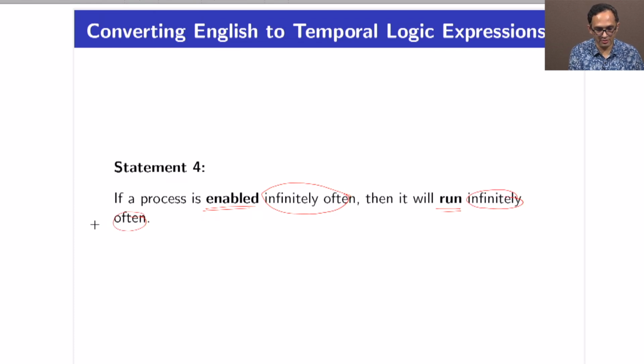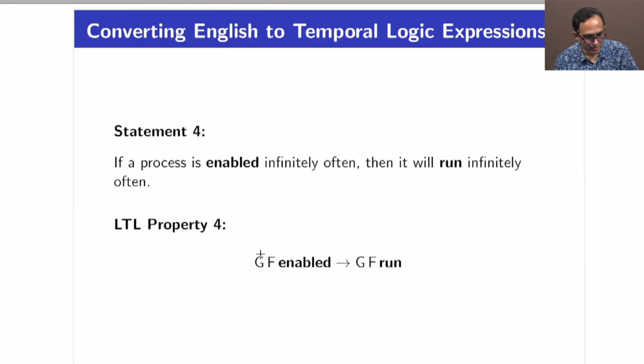The process being enabled infinitely often is globally future enable, and running infinitely often means globally future run, and this implies this. So GF enable implies GF run. This is how I will encode this property.